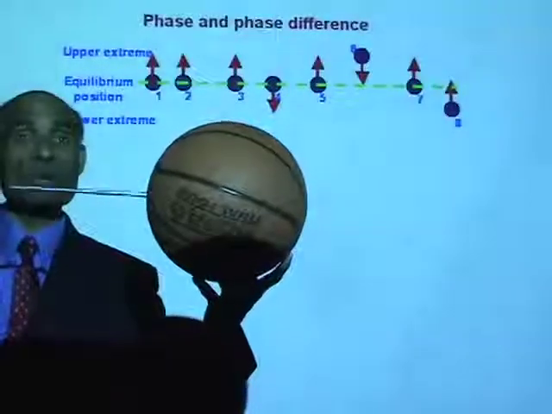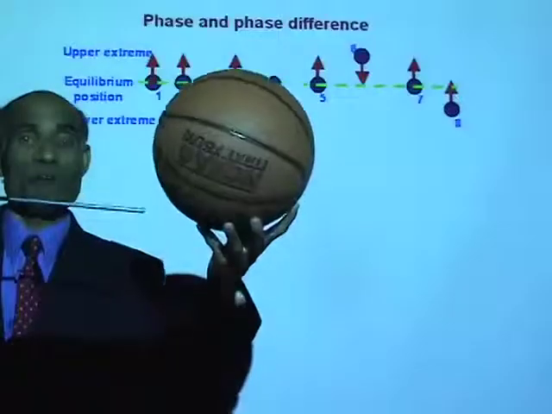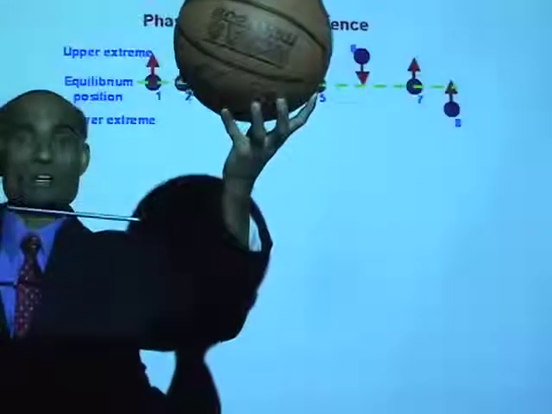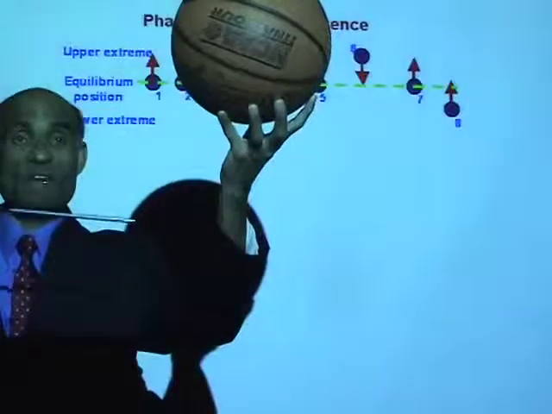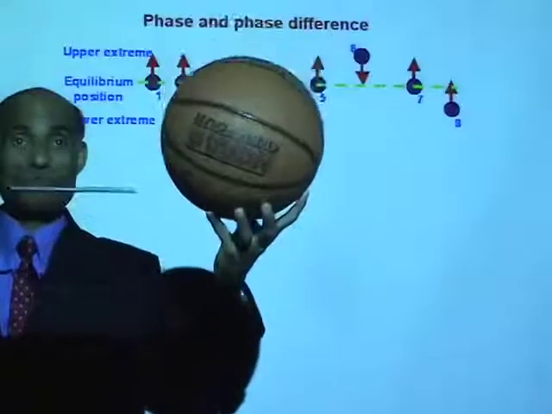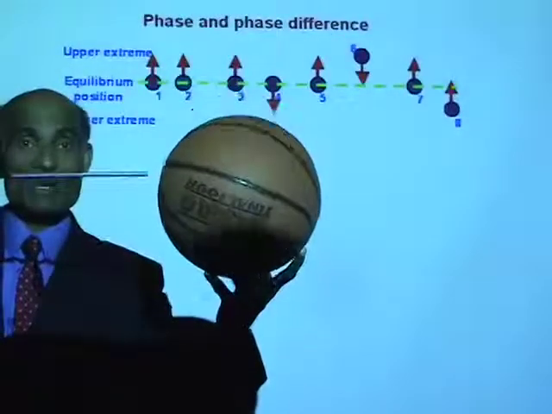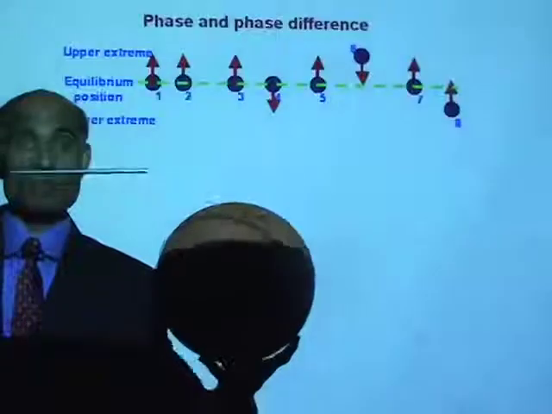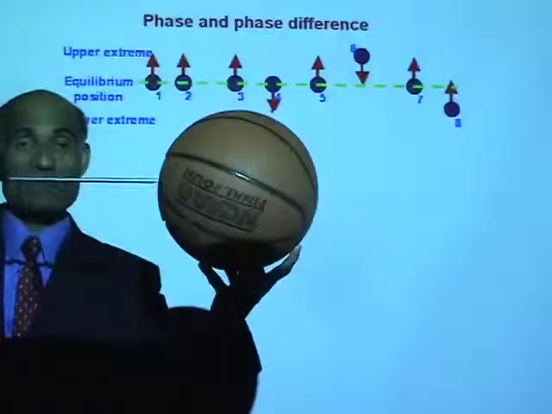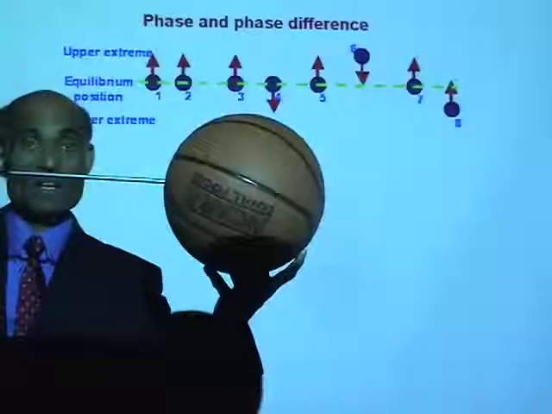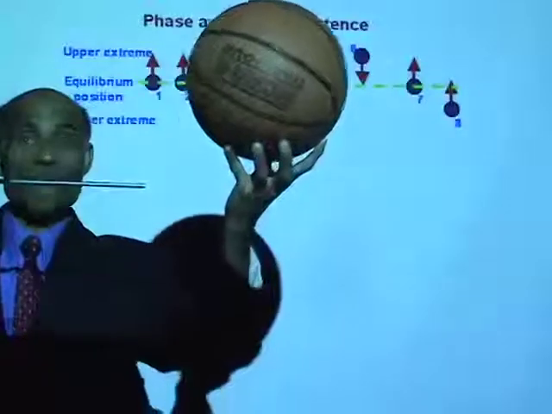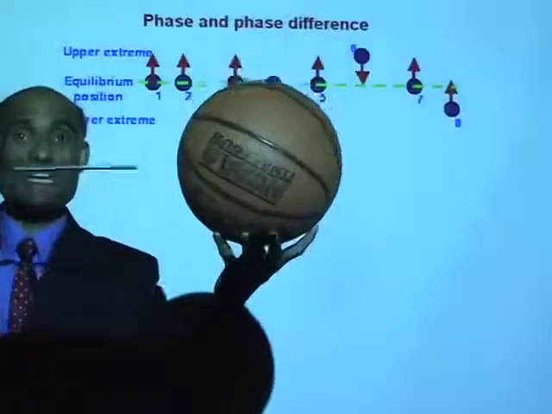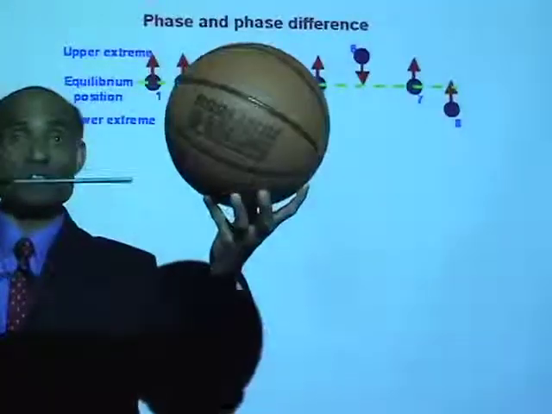If this is the equilibrium position, it vibrates to an upper extreme. You can see that is the phase of vibration now. Back to the equilibrium, to the lower extreme, back to the equilibrium. That's one vibration. You see, at each phase of vibration, the particle is at a different position.